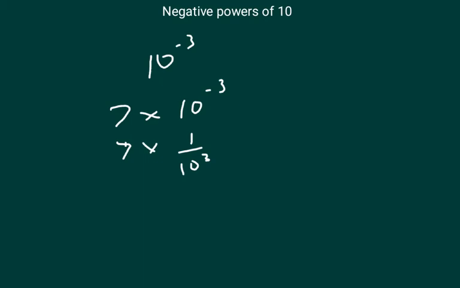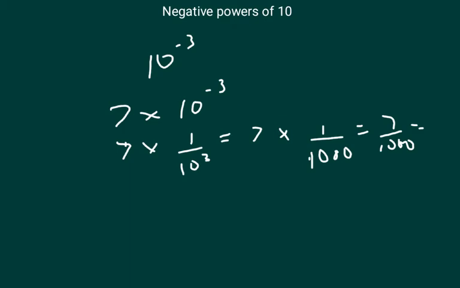So we can switch this negative exponent to the positive exponent, which would be 7 times 1 over, and now 3 zeros after this, or 7 thousandths.